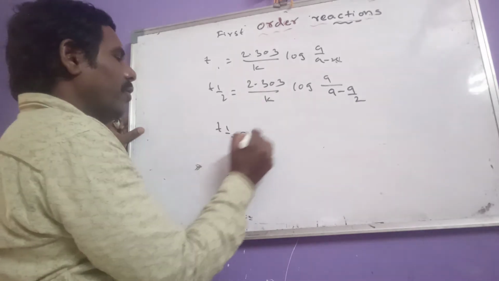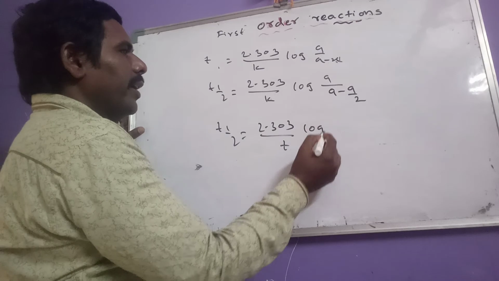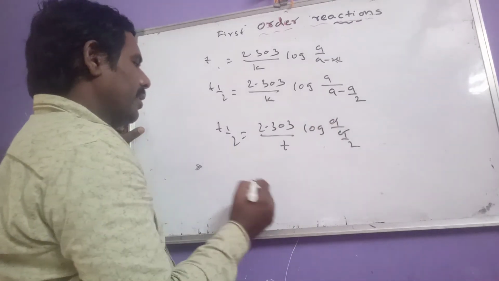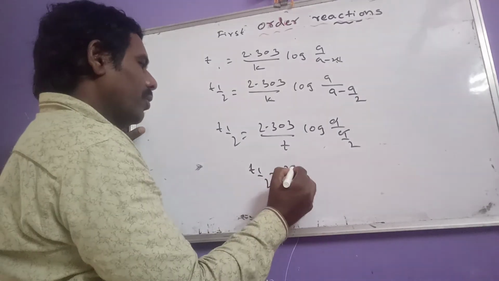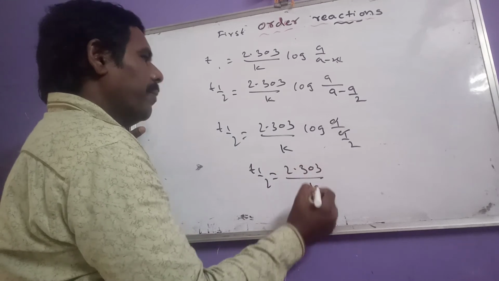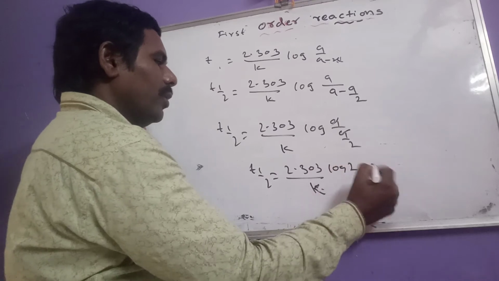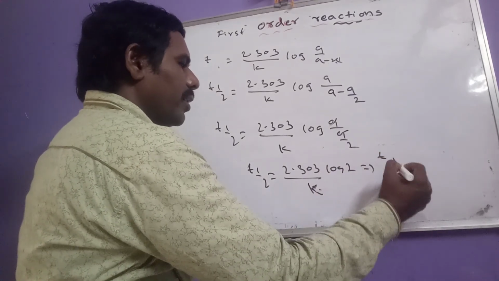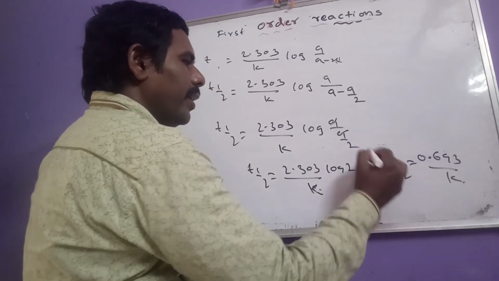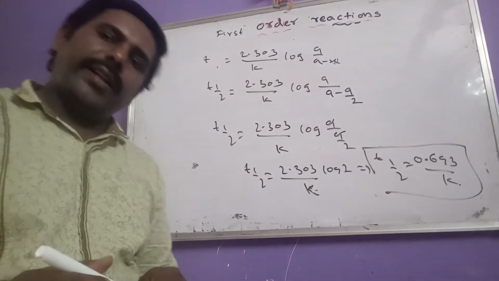Therefore t half equals 2.303/k log a/(a/2). a and a get cancelled, leaving 2.303/k log 2, and upon calculation t half equals 0.693/k. This is the half life expression for first order kinetics.